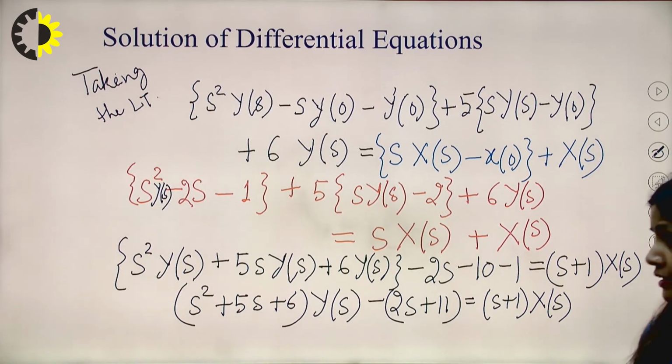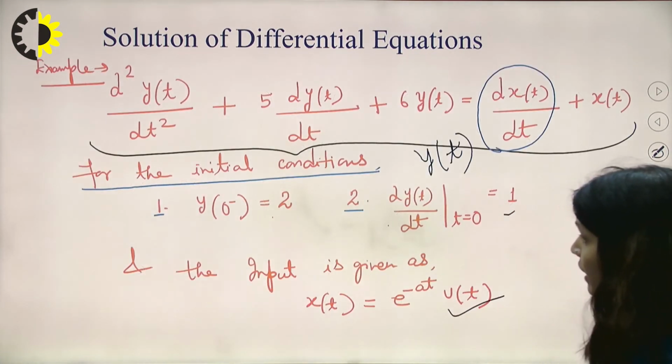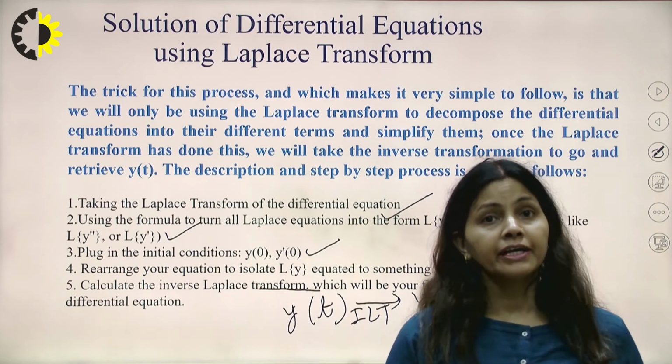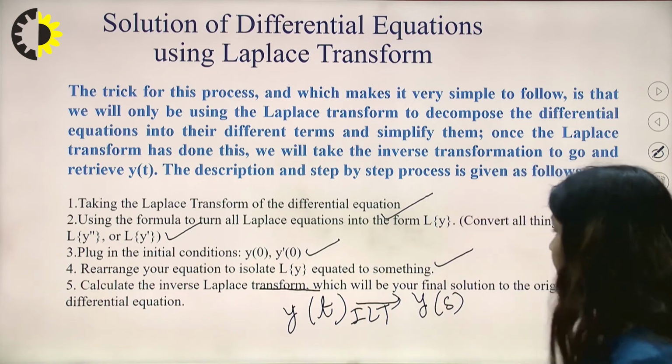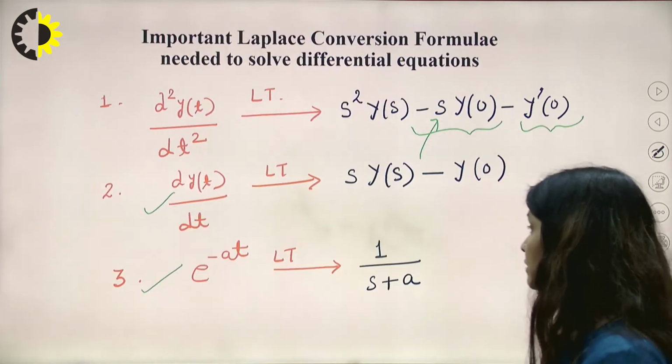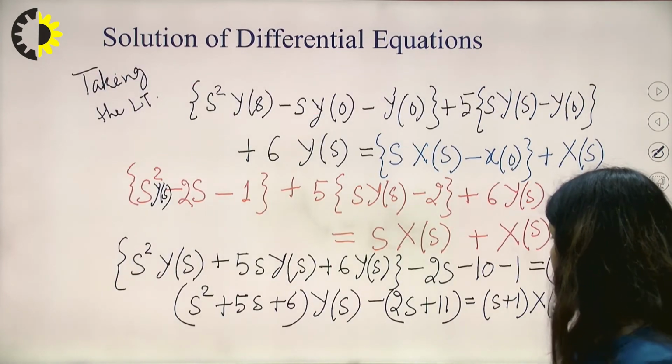Everything is fine. In the beginning I was telling that we are isolating Y(s), and here we get one more extra term in our equation, that is X(s).